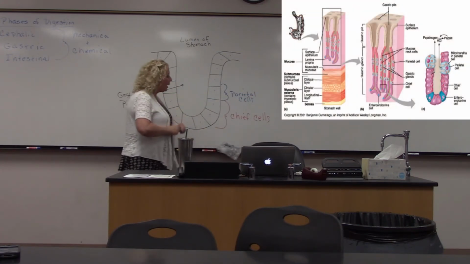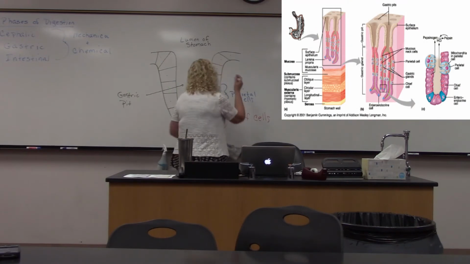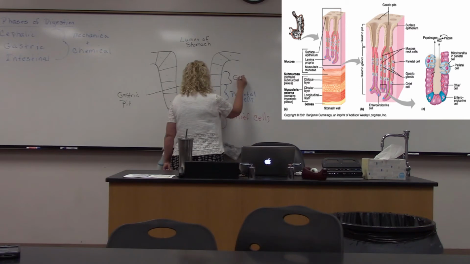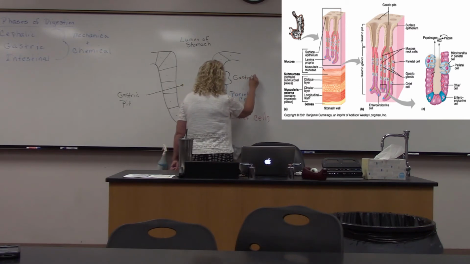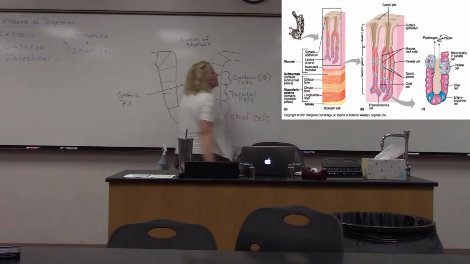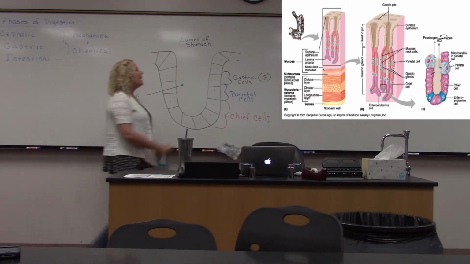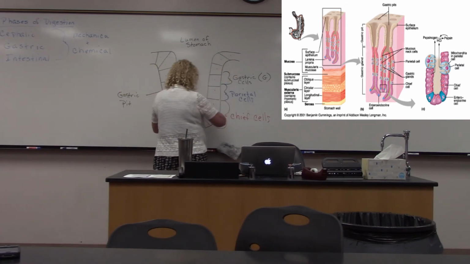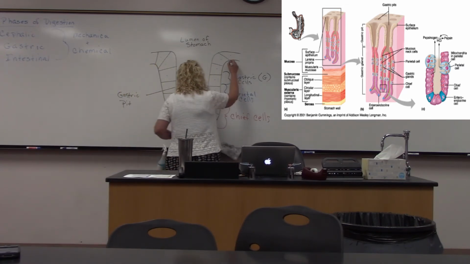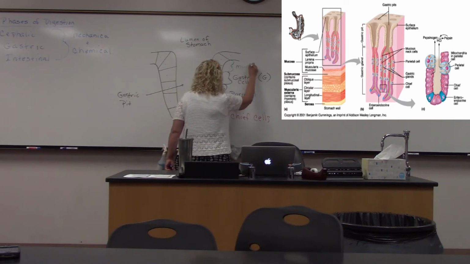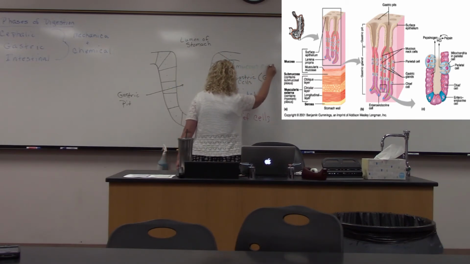And then sitting right above the parietal cells are what are referred to as the gastric cells, or sometimes these are just called the G cells. And then above the gastric cells, you have the last group, which are the mucous cells.